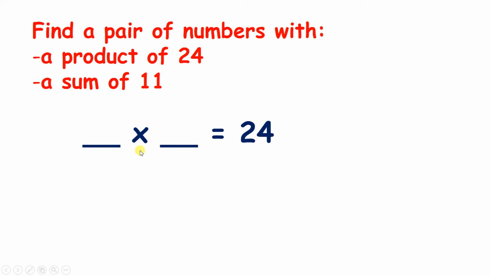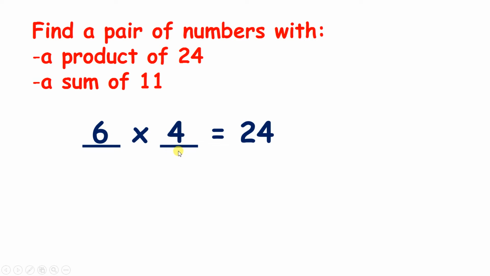And those numbers have to add up together to make 11. So 12 times 2 is 24, but 12 and 2 have a sum of 14. So our numbers are not 12 and 2.